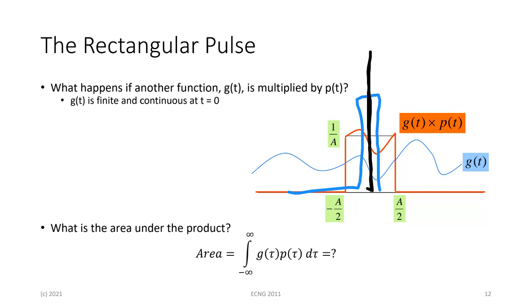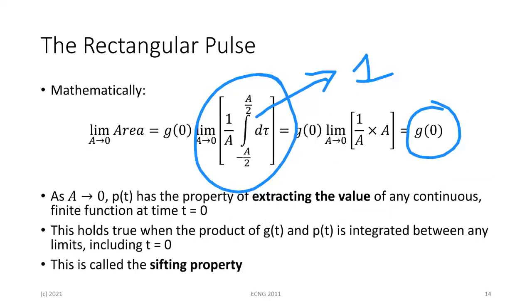The width is very, very close to 0, and the height is very, very close to 1 over 0, which is close to infinity. But the important thing is that the area is equal to 1, and the value picks out whatever G of t is at t equal to 0.